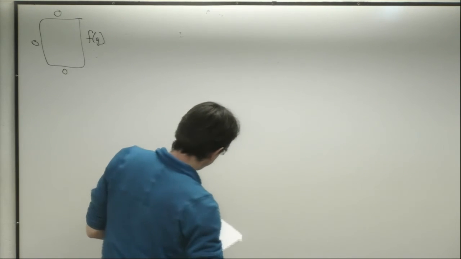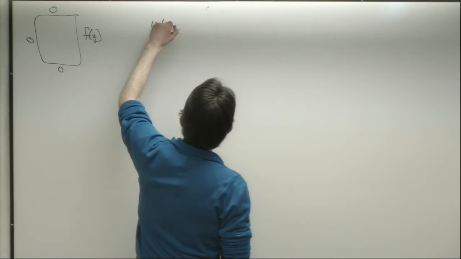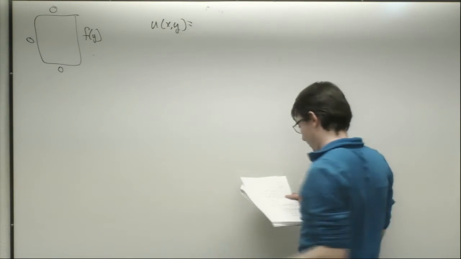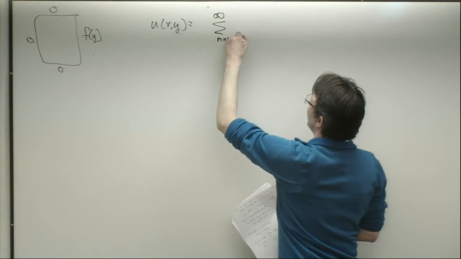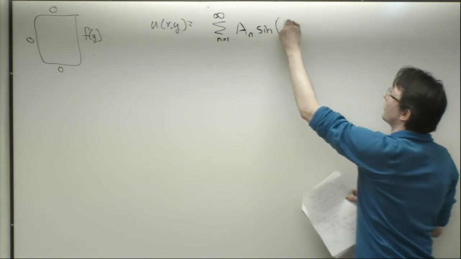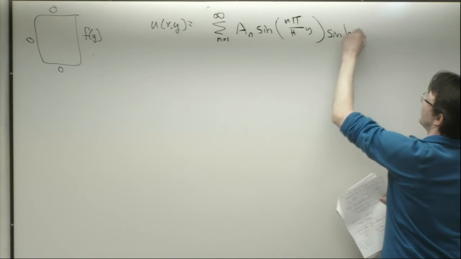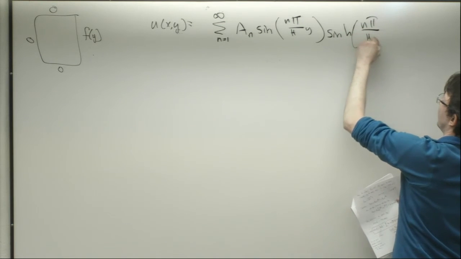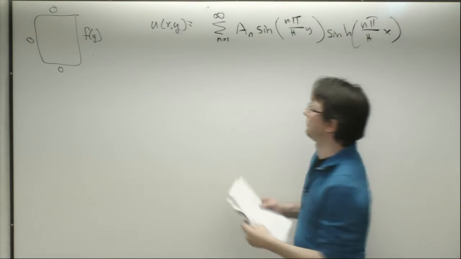Okay? So I believe what we had was u of x and y equals the sum from n equals 1 to infinity of a_n sine(n pi y over H) sinh(n pi x over H). And this a_n was pretty nasty.